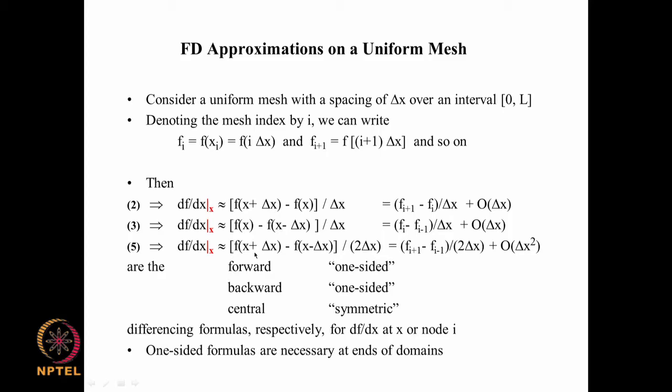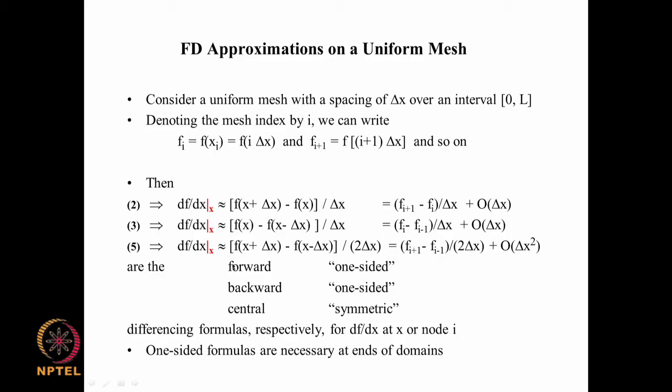And in this, the value of the first derivative at x is expressed in terms of the two neighboring points, f of I plus 1 minus f of I minus 1 divided by 2 delta x. 2 delta x, because the distance between these 2 points is 2 delta x here, we get a central differencing scheme.